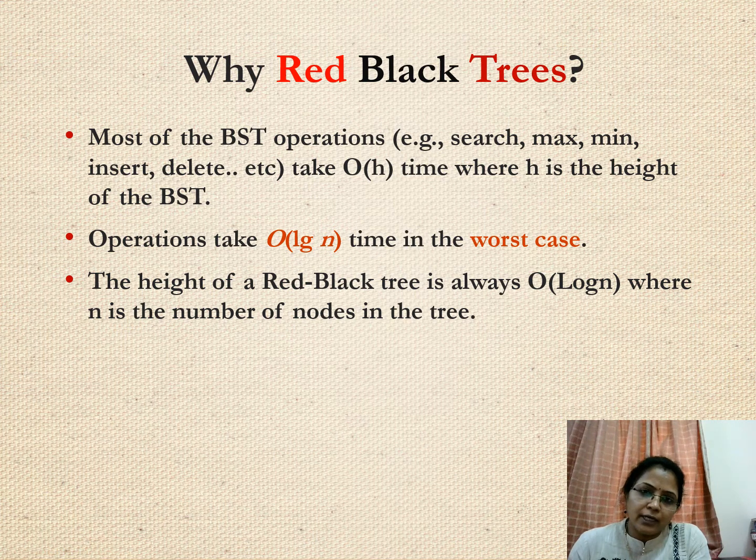We want to achieve the optimal complexity, and therefore we are studying the red-black trees. The BST operations for searching, finding max, min, insert, delete have a maximum time complexity of O of H. And for the red-black trees, we definitely want less complexity.